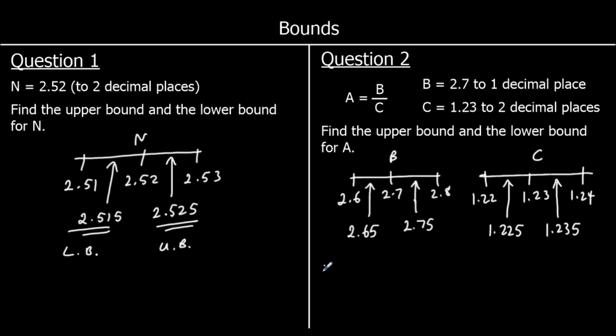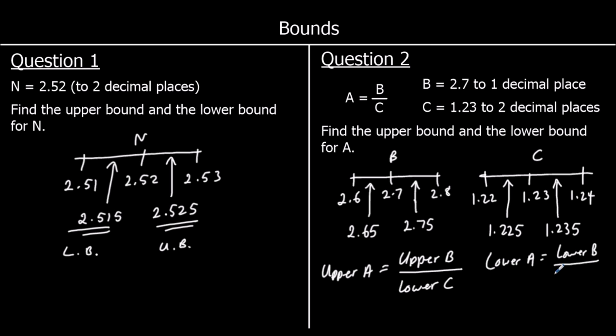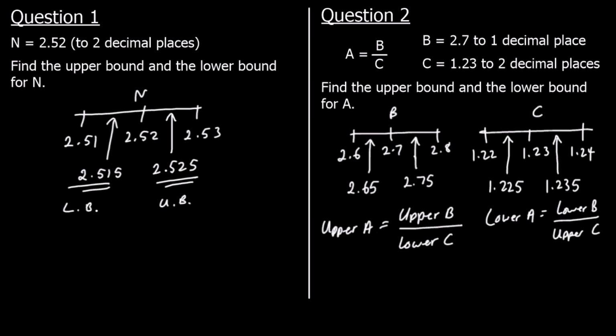So to find upper A, we're going to take the biggest B and divide by the smallest C. So to get a bigger answer, we're dividing by a smaller number. And to find lower A, we'll take lower B divided by upper C. So we've got upper B, which is 2.75, over lower C, which is 1.225.